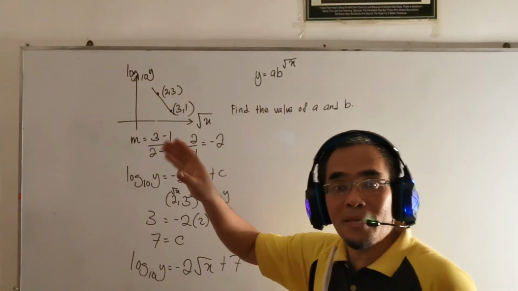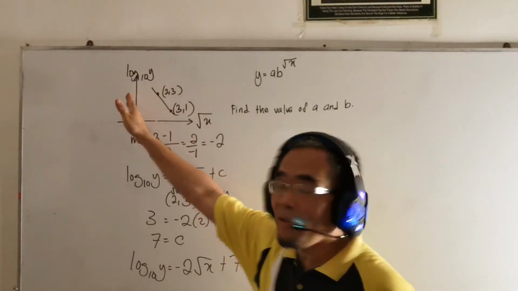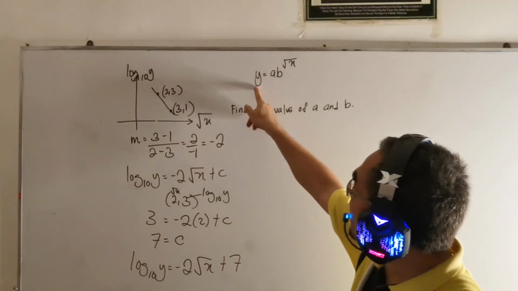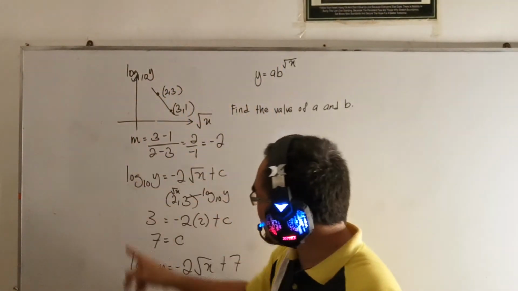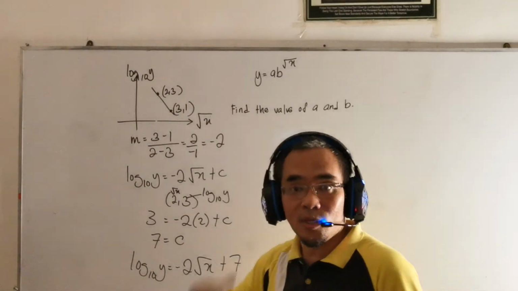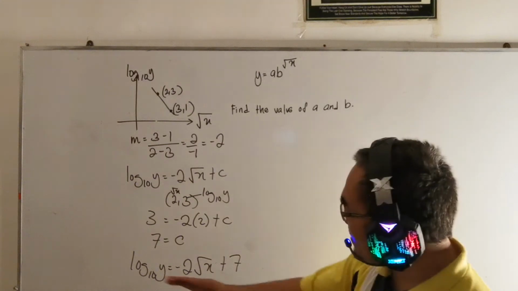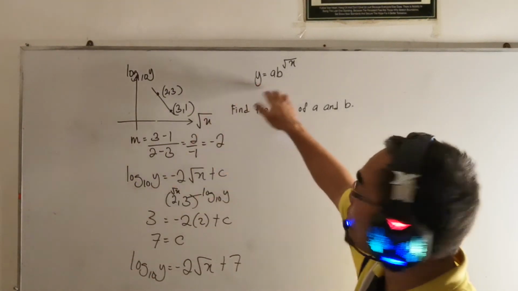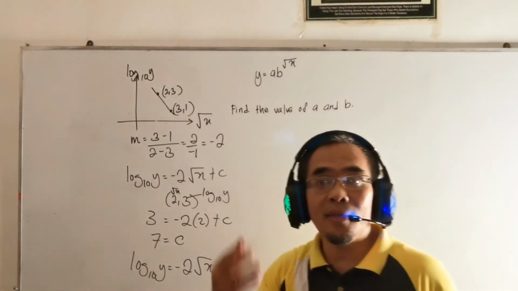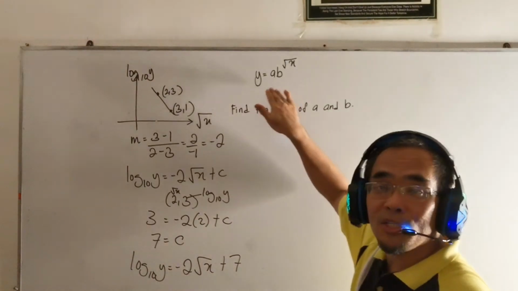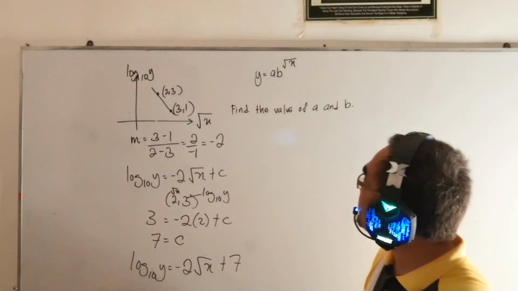You look at the graph: from y, how do you change that to log 10y? That is one option. The other option is to eliminate the log from this equation and then compare. But I myself like to change this to log 10.